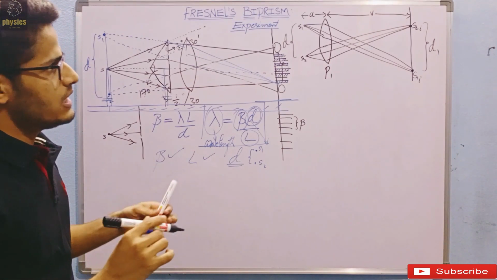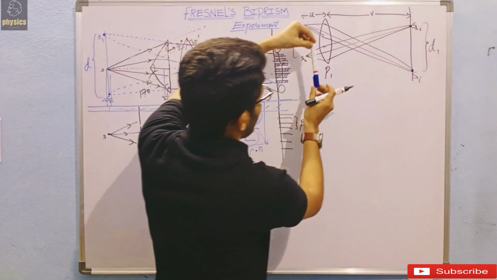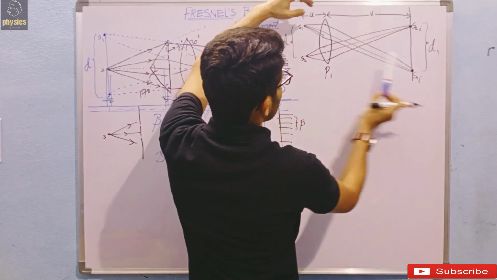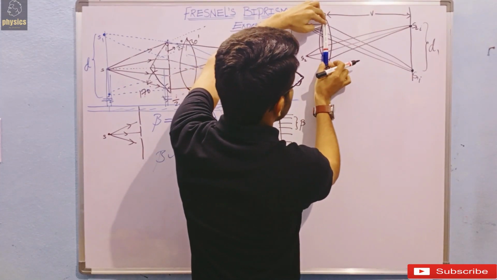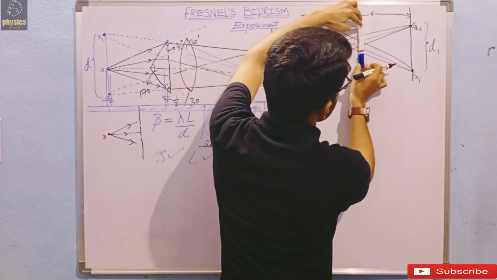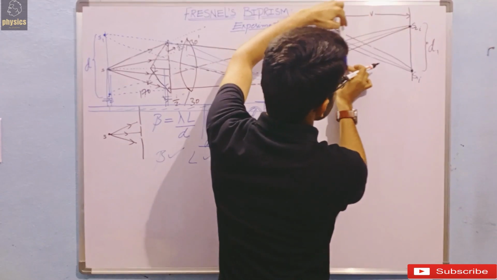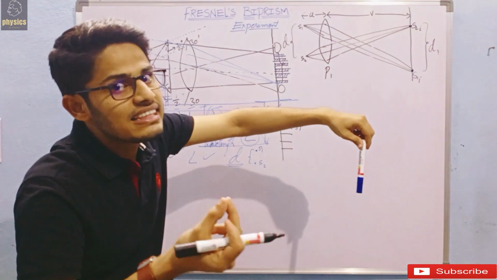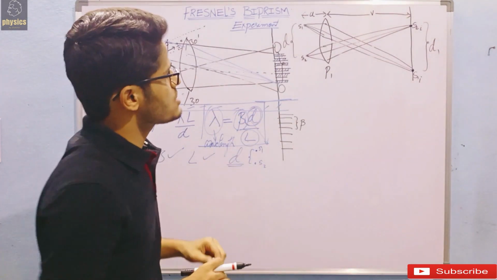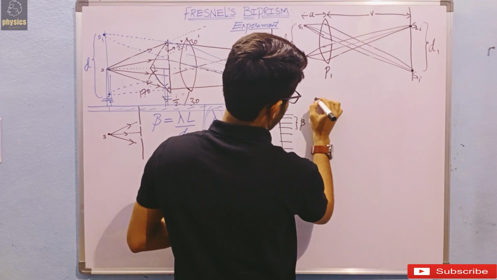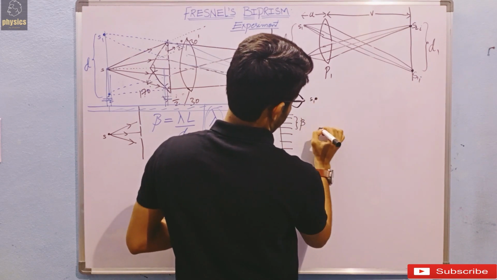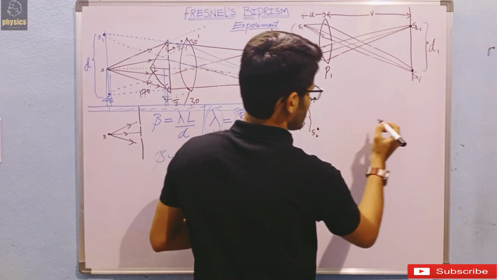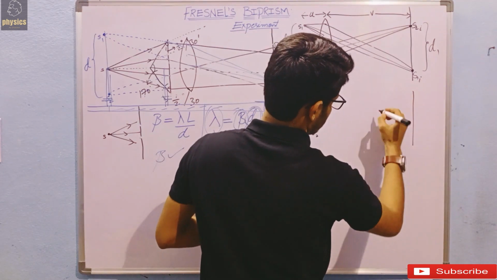Now after calculating D1, what I do is I'll move my lens towards the screen. Now I'm searching for another position at which I can get sharp images of S1 and S2. S1, S2, having distance D between them, is the final screen.